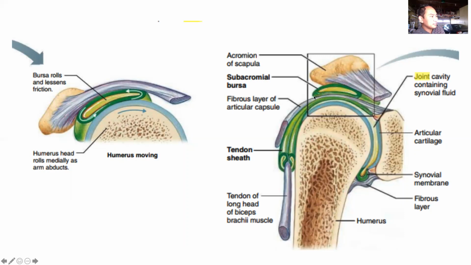And these tendons, to prevent them from gliding and rubbing with the bones, they give us a water cushion, which is called bursa. So here we can see the subacromial bursa, which gives protection when the muscles and tendon glide underneath the acromion. So this is a much bigger picture.